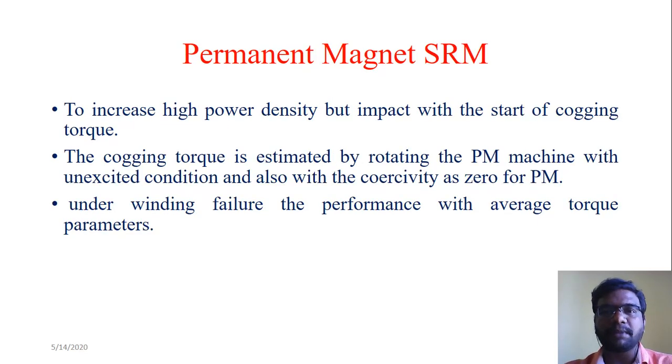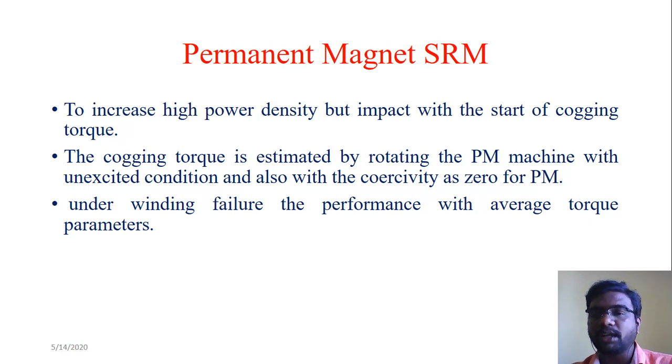And coming to the permanent magnet based SRM. Why I have to go for a permanent magnet based SRM means, in order to increase the power density of a machine, right? If I want to increase the power density of a machine, I have to choose a correct permanent magnet.